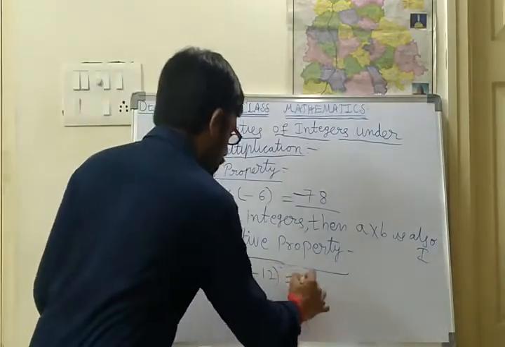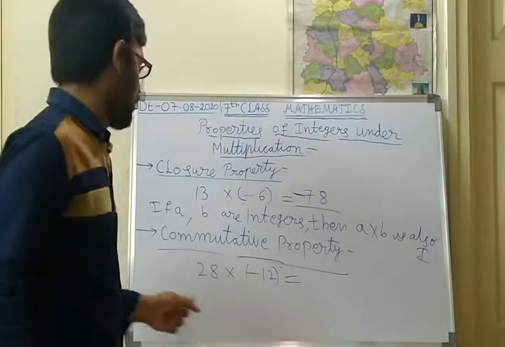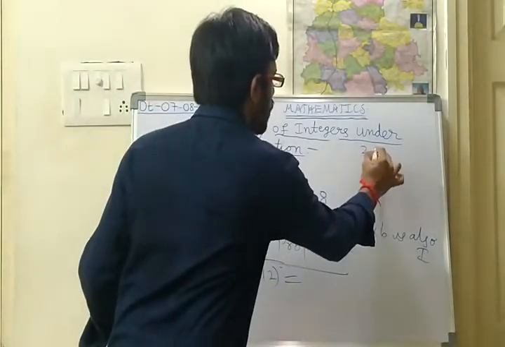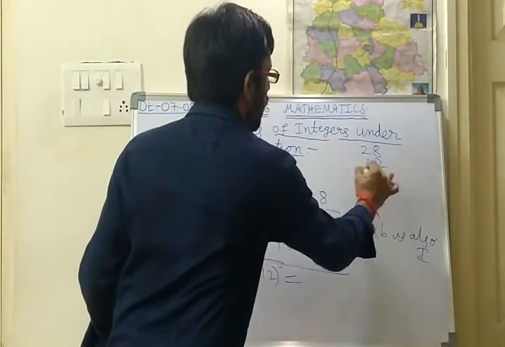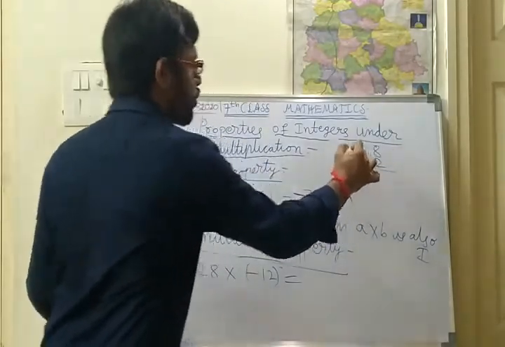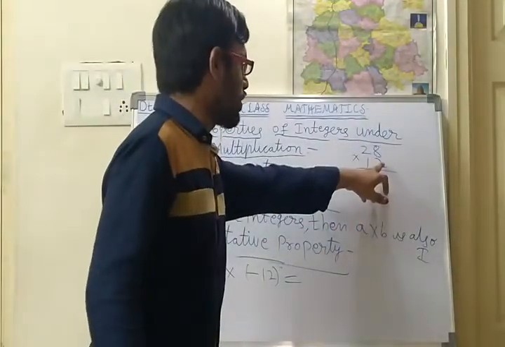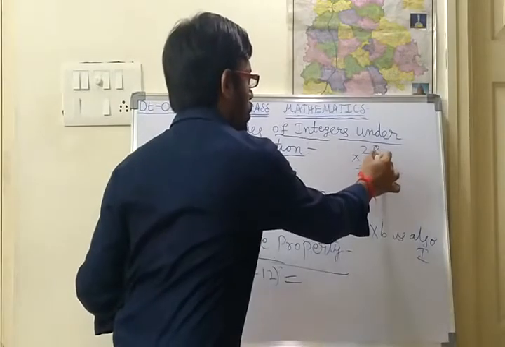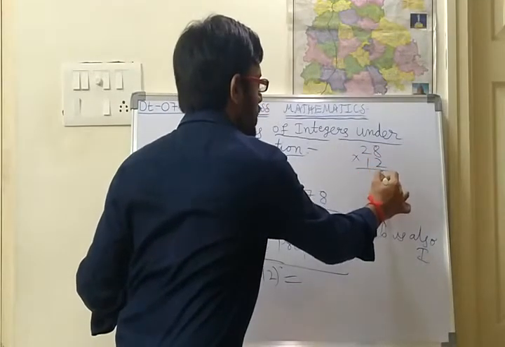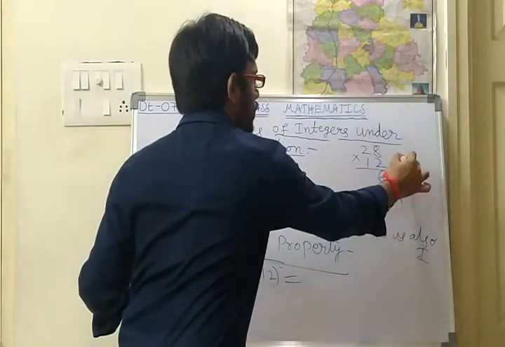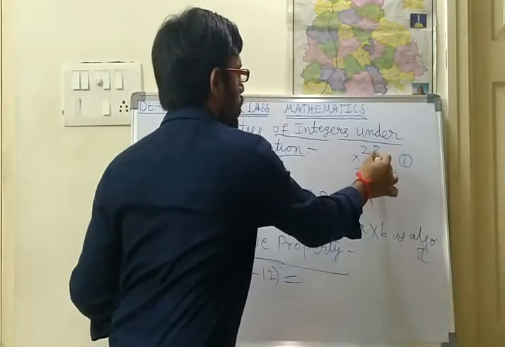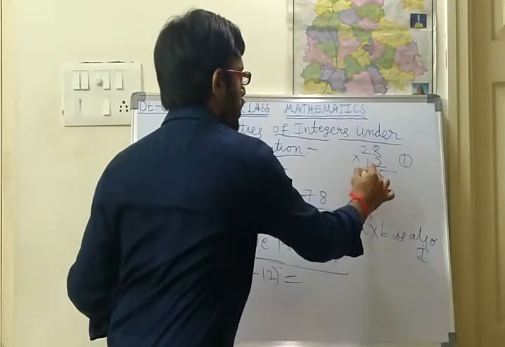First of all we have to find 28 into 12. If you don't get it, take it roughly like this. 28 into 12. First multiply with the 2 table. 2 8s are 16, 1 should be carried. 2 2s are 4, 4 plus 1 is 5.